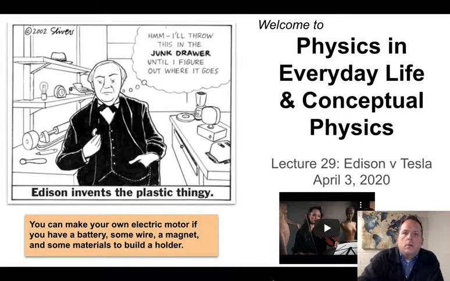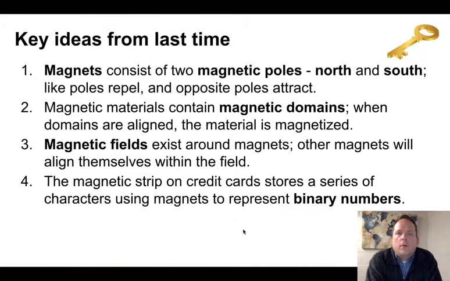So last time, let's get on the right screen here. Last time we talked about magnets and the fact that magnets consist of two magnetic poles. One is called north and the other is called south, and they're named after the fact that a free spinning magnet, like a compass needle, points to the geographic north pole of the Earth.